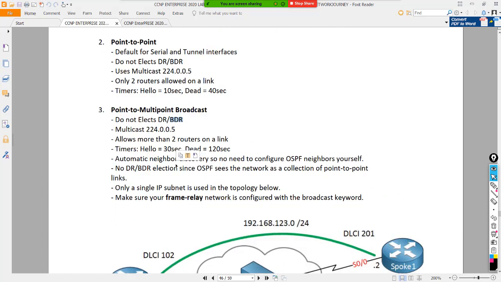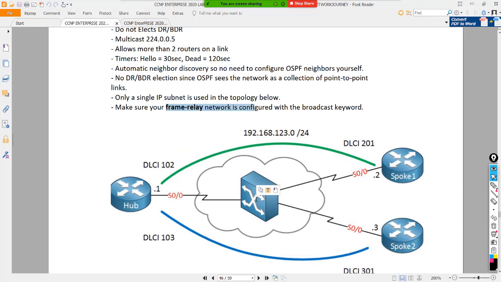Now when we talk about point to multipoint, which is used in frame relay, the timers get changed. The timers now become 30 seconds and 120 seconds. The hello becomes 30, and automatically the dead timer gets shifted up to 120 seconds. The multicast address is the same.